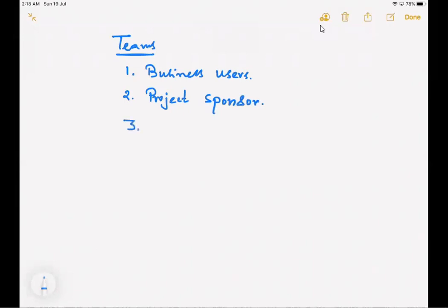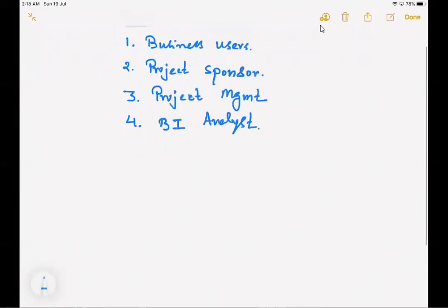The third category should be somebody from the project management part. The fourth category of people should be a business intelligence analyst. There is a significant difference between business analyst and business intelligence analyst. We'll be coming to that.